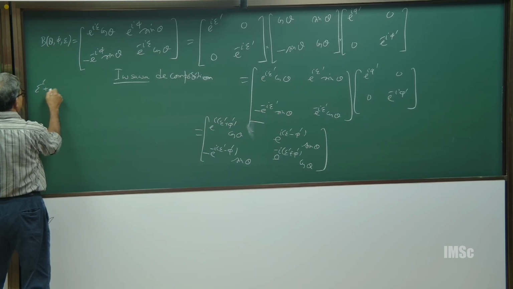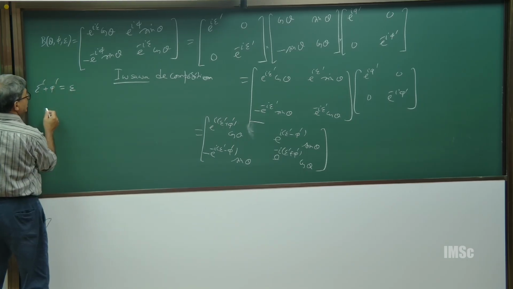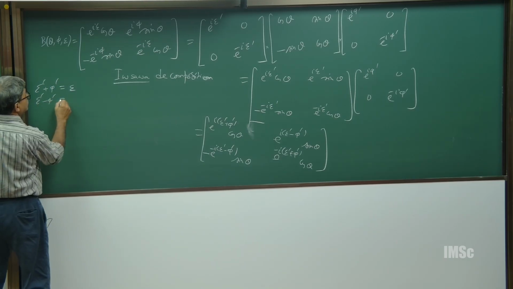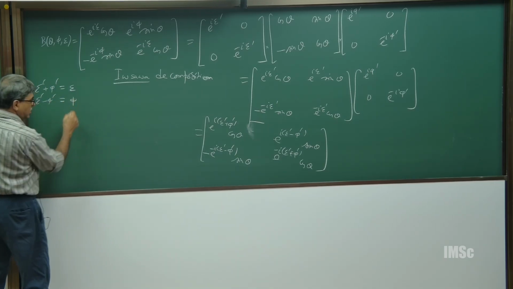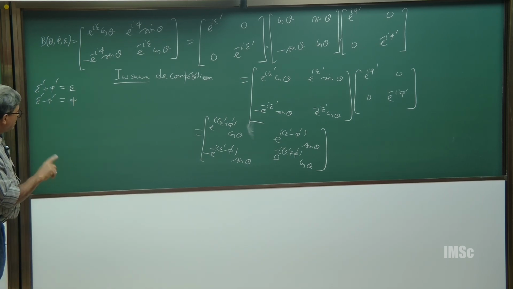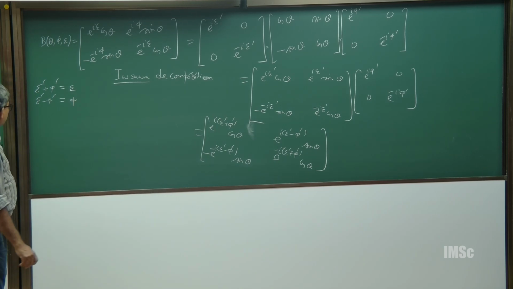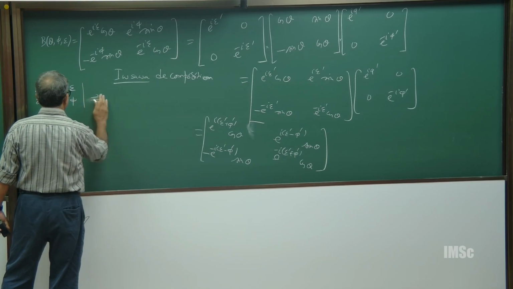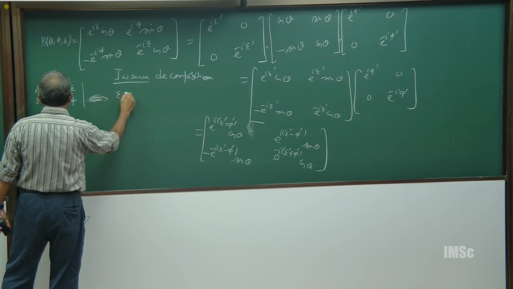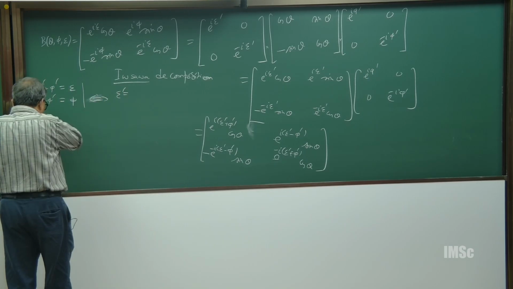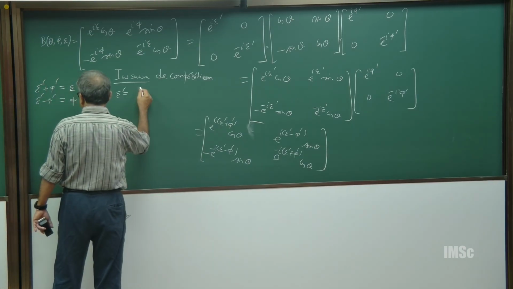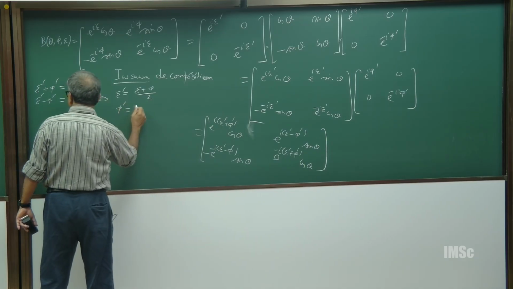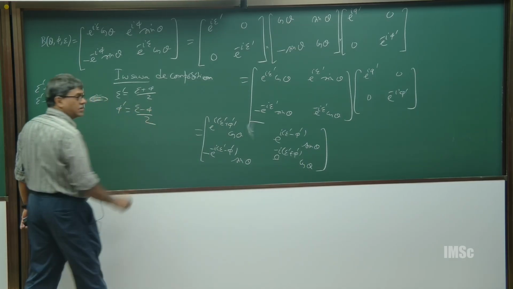So, what will be the solution? Epsilon prime plus phi prime should be equal to epsilon and epsilon prime minus phi prime is equal to phi. I think that is fine, right? This means epsilon prime is equal to epsilon plus phi by 2 and phi prime is equal to epsilon minus phi by 2, right.